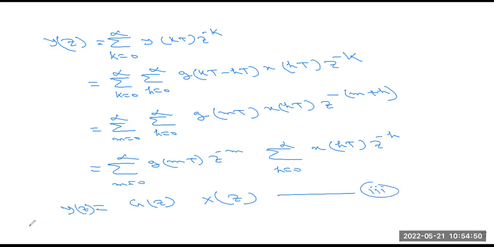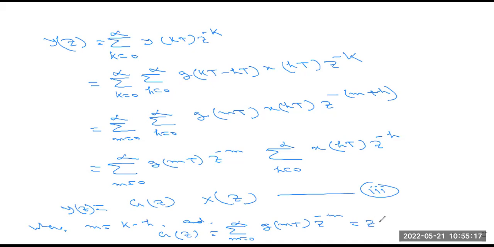Now we have put m equals k minus h, and the function G of z is equal to the summation of m equals 0 to infinity of g of mt into z to the power minus m.